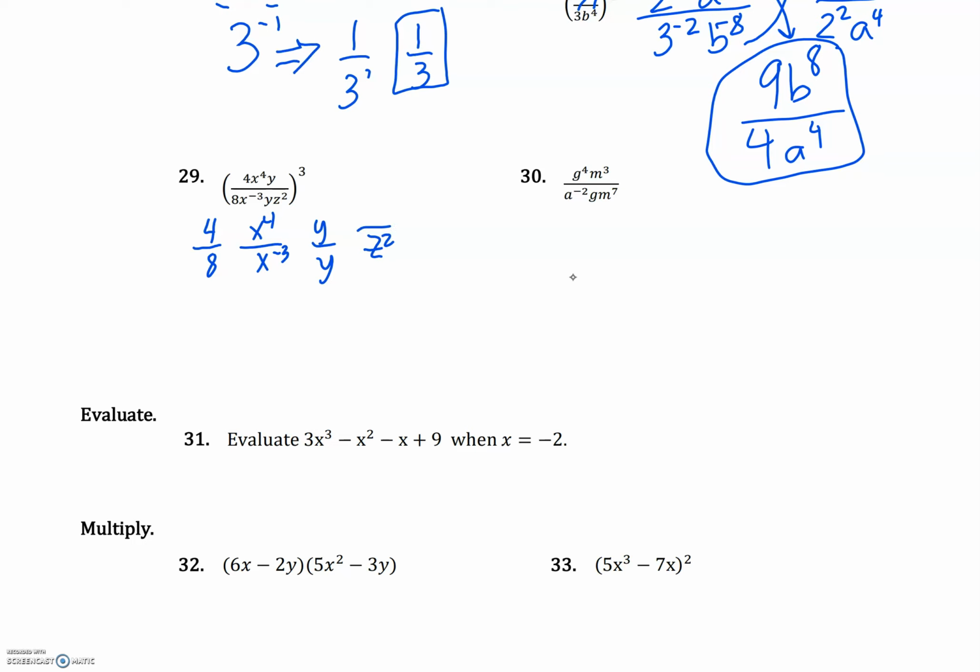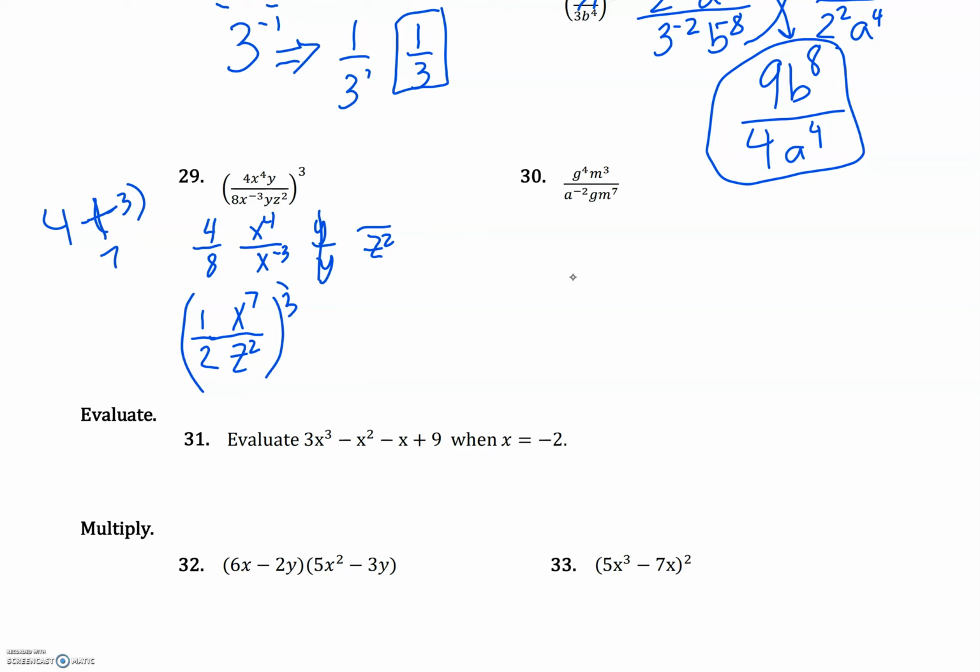Okay, 4/8, that simplifies to be 1/2. Subtracting my exponents, since I'm dividing, 4 minus negative 3 is x to the positive 7. 4 minus negative 3 becomes plus, so that's 7. Y divided by y is just 1, so I don't have to write that anymore. And there's nothing to do with the z's left, so I'm just going to leave them where they were on the bottom. Now I've simplified inside.